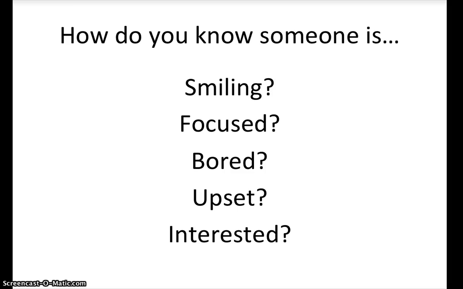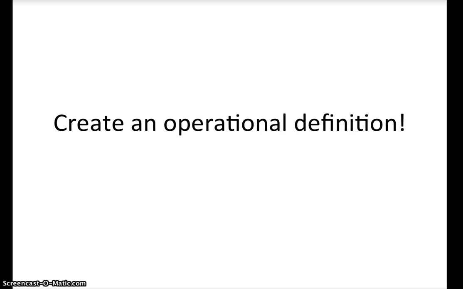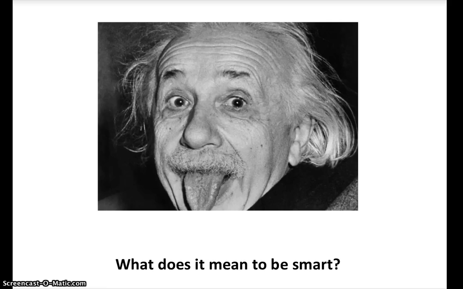But that doesn't really help us when we're trying to do a research study. We want to make sure that everybody's on the same page when they're measuring these things in a research study. So we need to create an operational definition. I'm going to guide you through the creation of one particular definition and talk about the ways in which they work and the ways they don't.